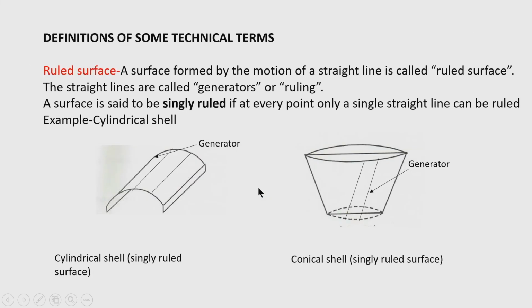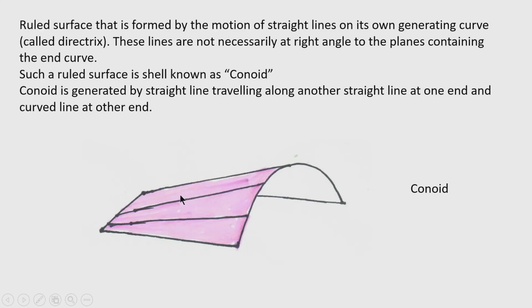In the previous case, we have seen that the generating lines are at right angles to the end curves, but in this case they are not at right angles to the end curves, and such a type of shell is known as a conoid.